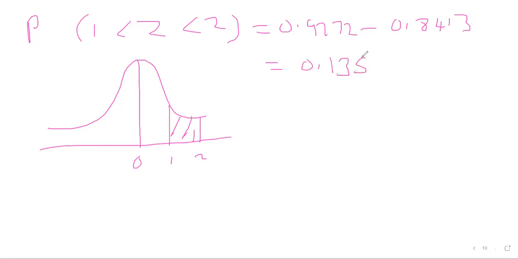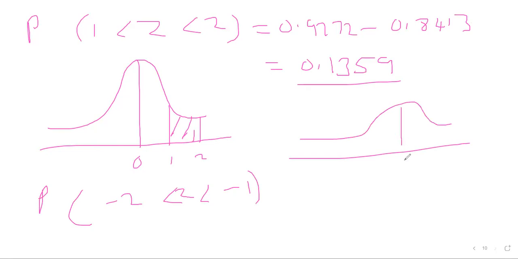This would also apply if you were asked to find the interval between -1 and -2. The illustration will look a little bit different, but the concept will be the same: -2 and -1 are all on one side. As long as they're all on one side, we know that the reading from here to here is 97%. From here to here is 84%.